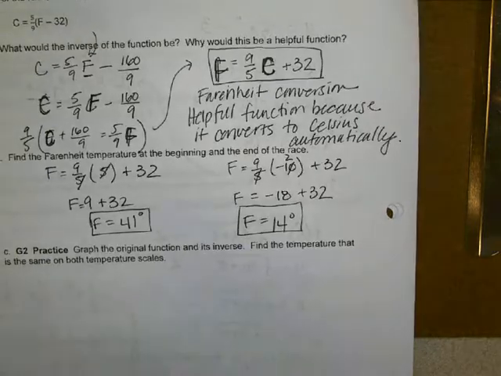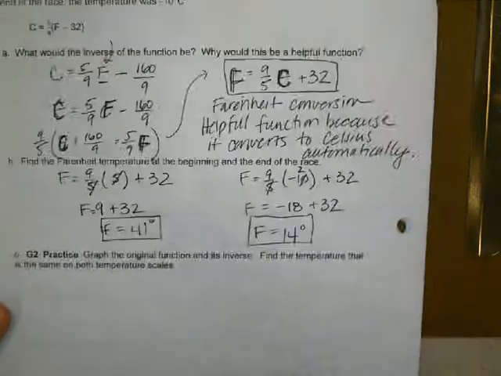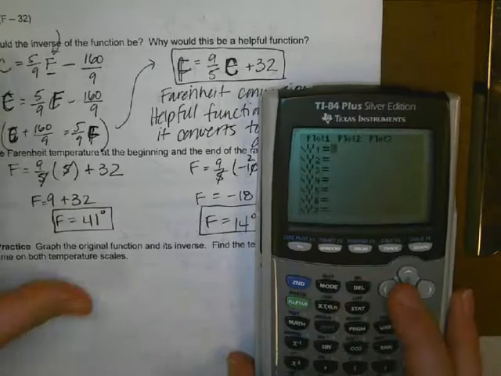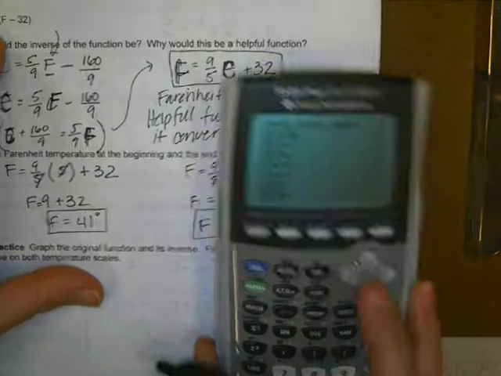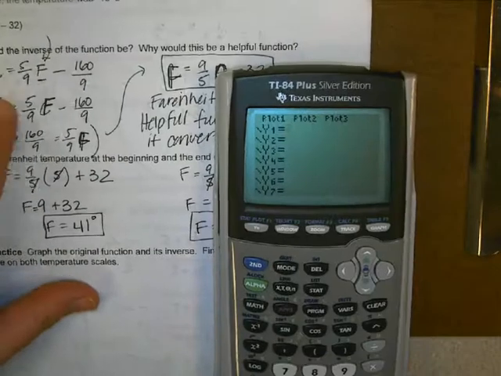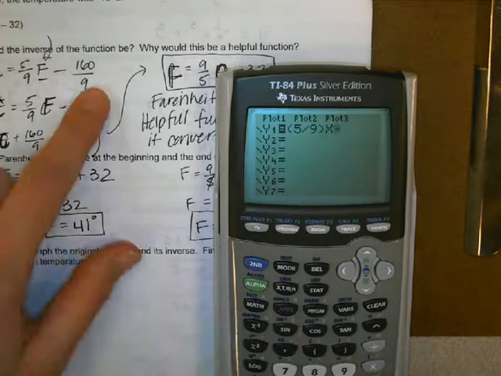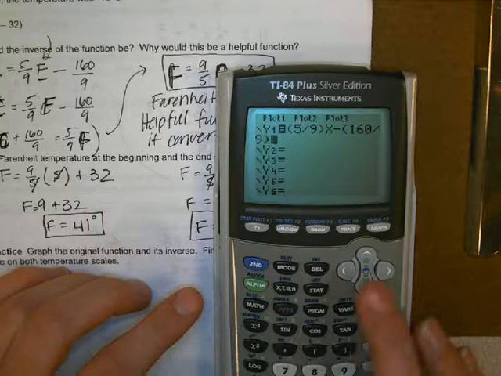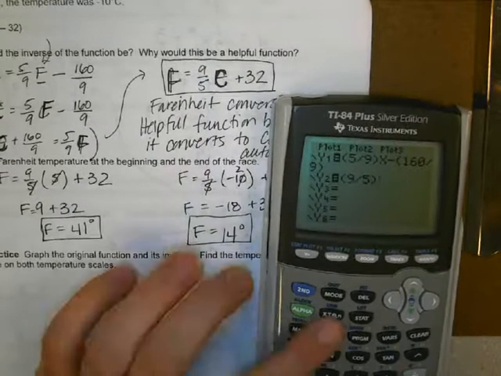Graph the original function and its inverse and find the temperature that is the same on both temperature scales. Okay, so we're going to go ahead and do this on the calculator really quick. Okay, so I put this function in first. So 5/9 x minus 160 ninths. And then I put in this function, 9/5 x plus 32.